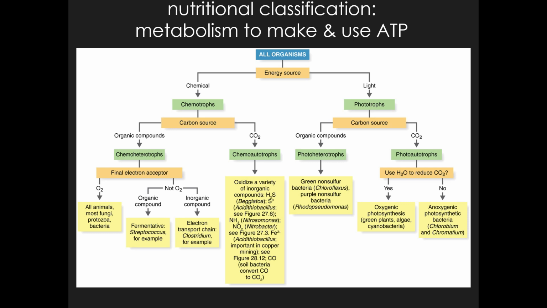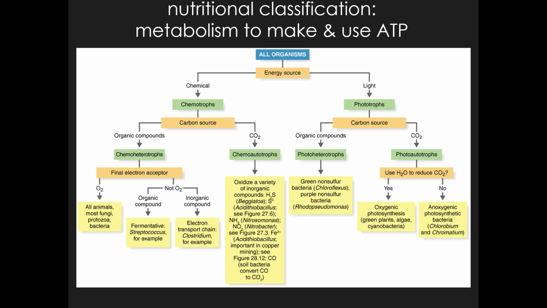If we go back to that question, is it not oxygen and is it an inorganic compound? Again, when you answer that question, yes, it's an inorganic compound, you are a prokaryote. So whereas we're putting almost all of the eukaryotes in one box, the prokaryotes are already in all three of those boxes. And then if we go back up to our carbon source question, what's your carbon source, chemotroph?